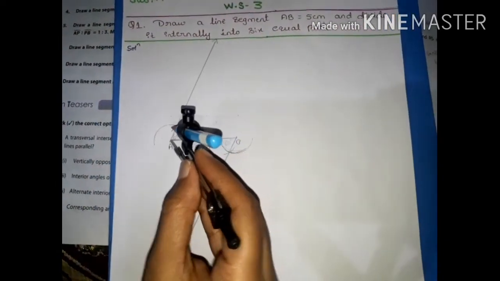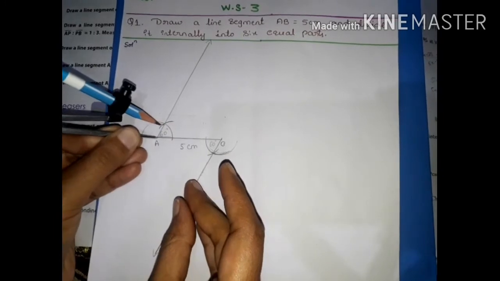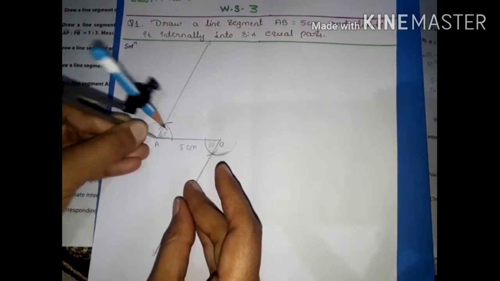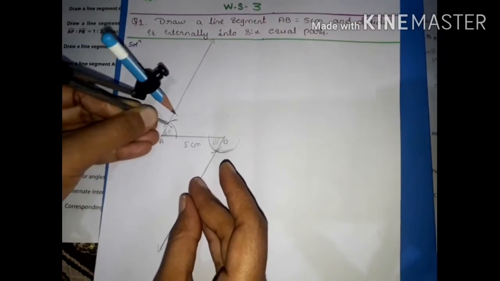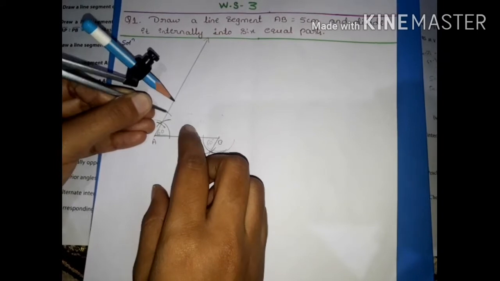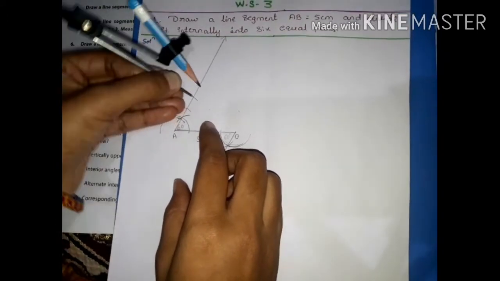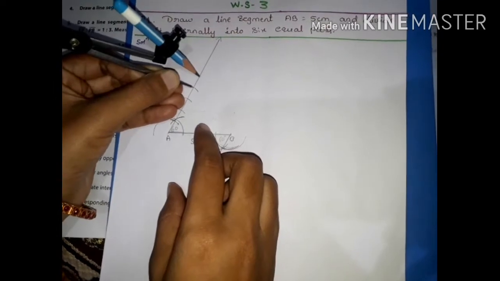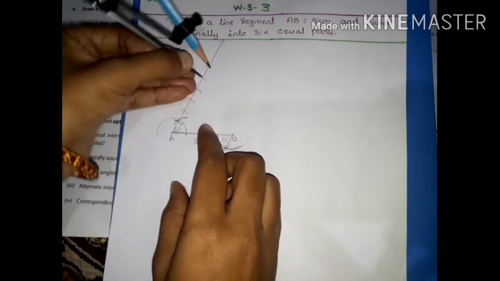From point A, for equal parts, 1 centimeter, draw 6. This is 1, 2, 3, 4, 5, 6.